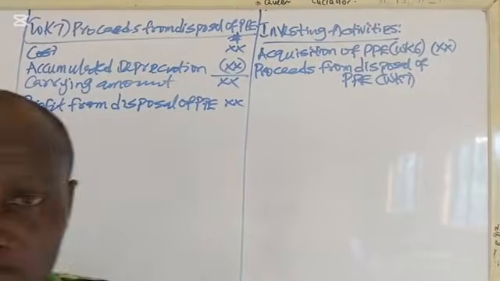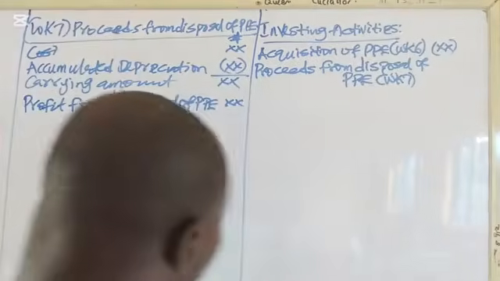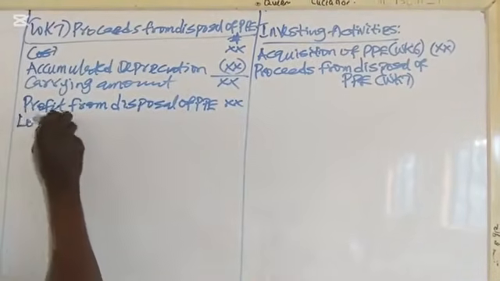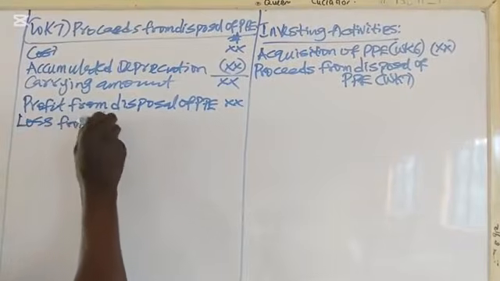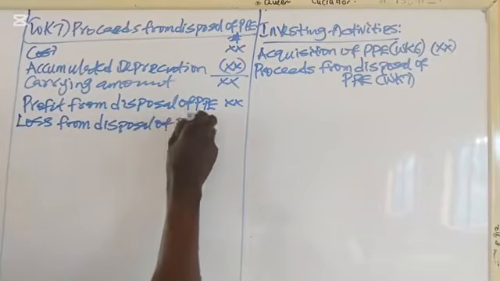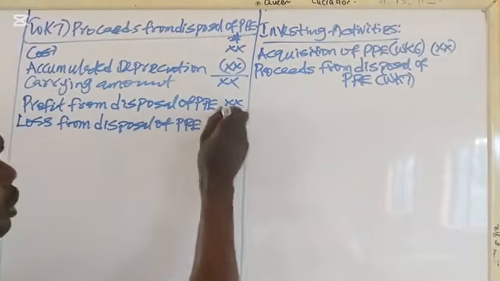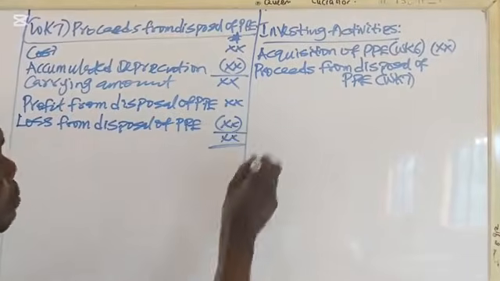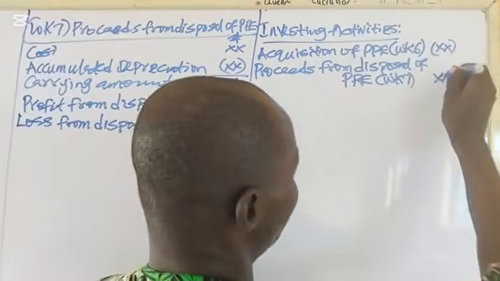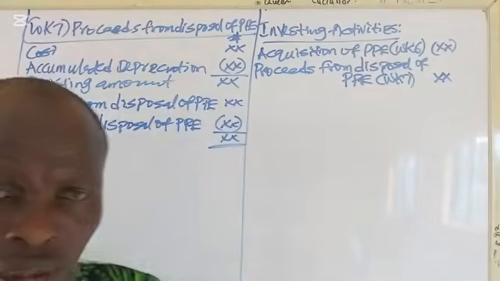But if the PPE is disposed at a loss, the loss from disposal will reduce it. Then you arrive at the proceeds.